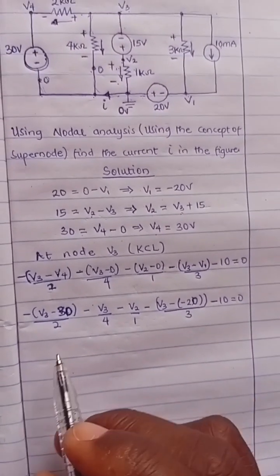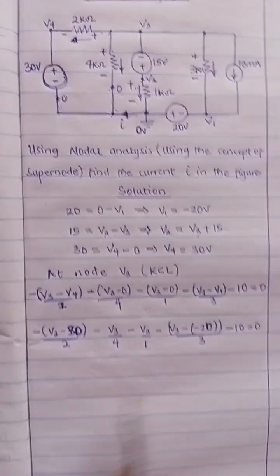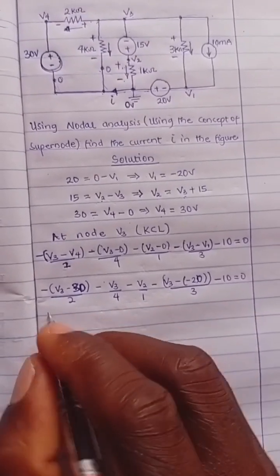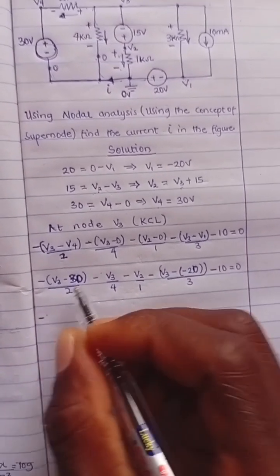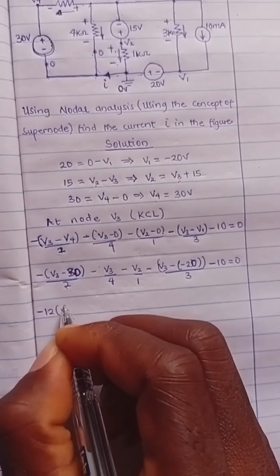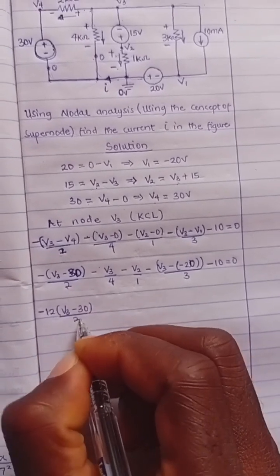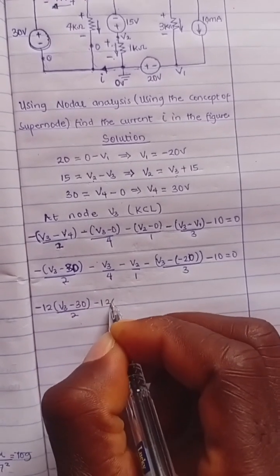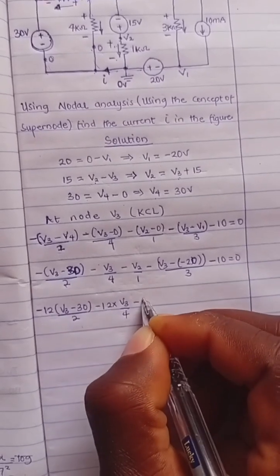What I will do to simplify this expression is multiply each term by the LCM of the denominators, so we'll clear out the fractions. The LCM of 2, 4, and 3 is 12. So that will be 12 multiplied by (V3 minus 30) divided by 2, minus 12 multiplied by V3 over 4, minus V2.